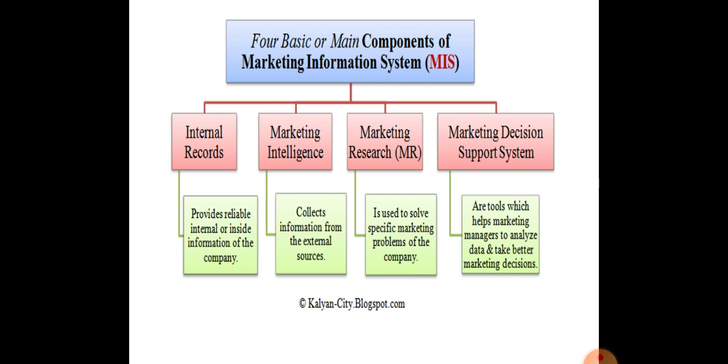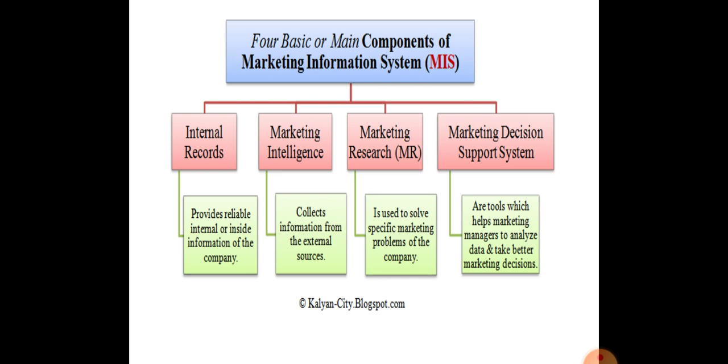The reliability is there because we are maintaining the internal records, databases and reports. Then comes marketing intelligence. Here we collect information from external sources: from outside the company, the actual market or business scenario, or the external environment.